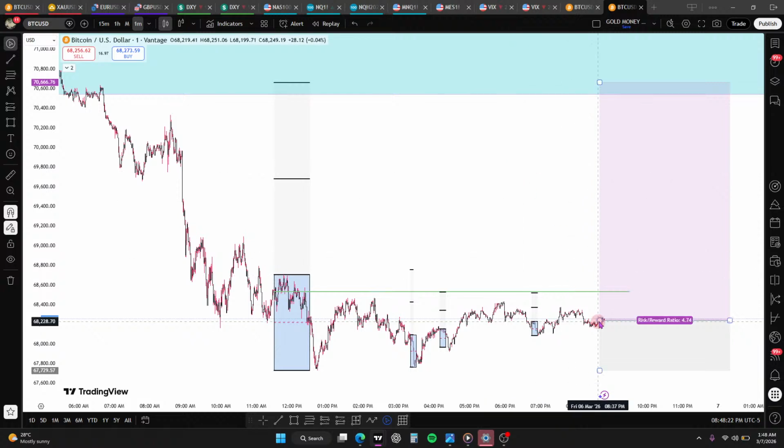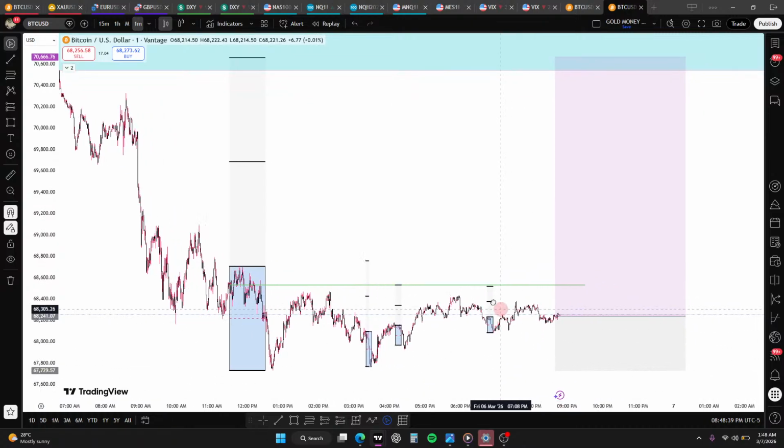For example, if this green line gets traded above, then I'll be confident that we're gonna maybe come up to here. But if we don't close above this on the 30-minute time frame, then I'm anticipating another fold lower.